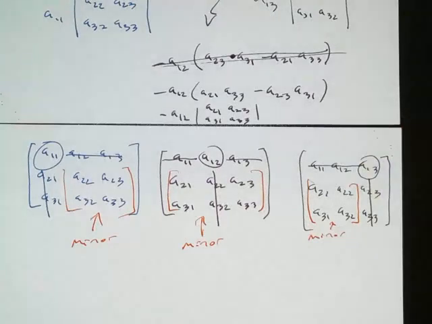So it turns out that the way I build this determinant expression is to find across the top row the set of minors and to compute, instead of one bigger determinant, three smaller determinants.